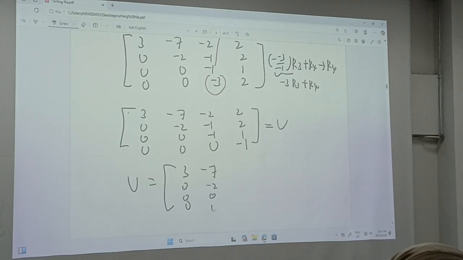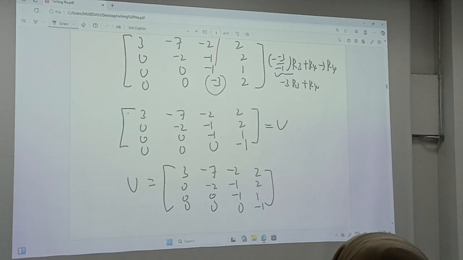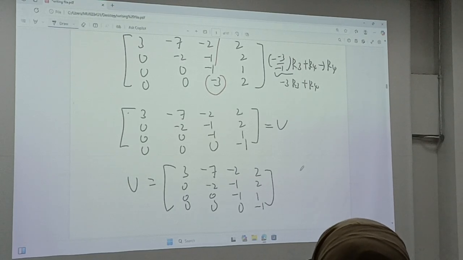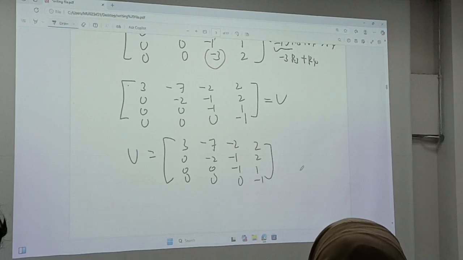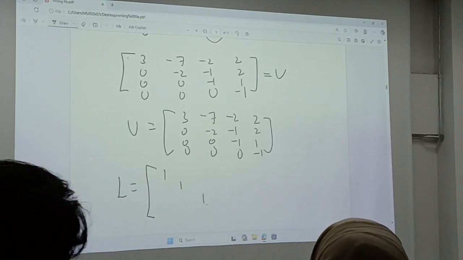Okay, so use Gaussian elimination to get U. After that, we try to get the L. So all the diagonal elements will be 1.